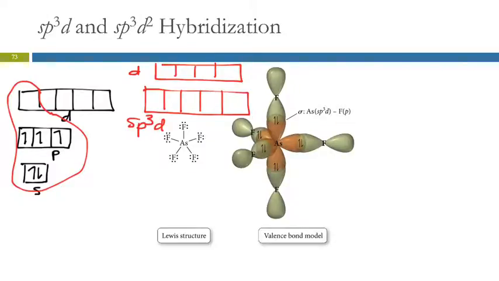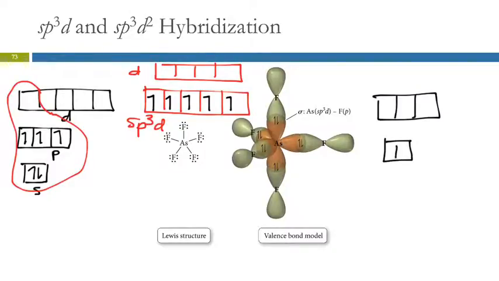And then where do those electrons go? 1, 2, 3, 4, 5. They're filled. Each of these can overlap with a fluorine. On fluorine, fluorine's got s and p.